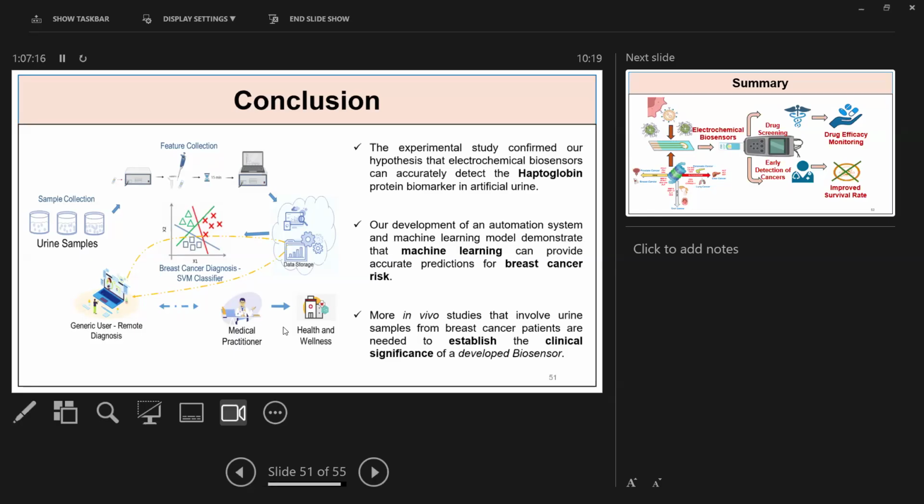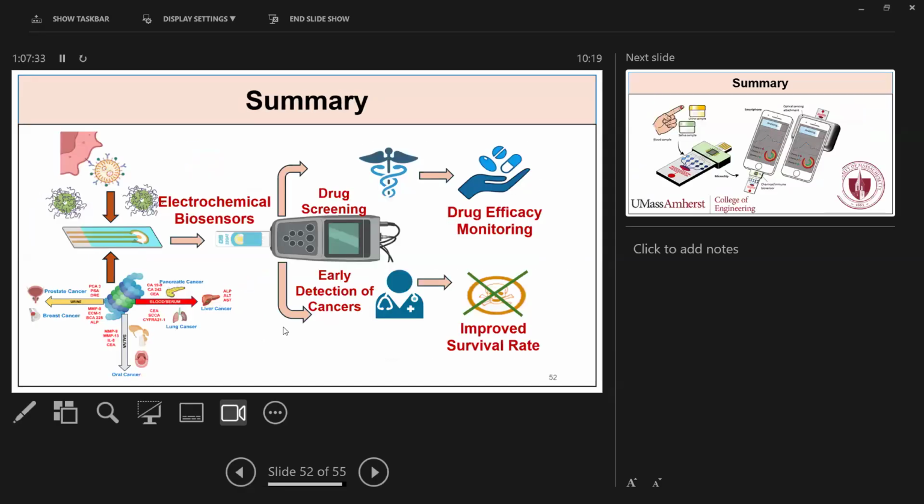Our main goal is to collect just the urine sample, use machine learning and this chip, and send it to the medical practitioner, who will immediately give you advice on exactly what to do as a follow-up. Our main aim is early detection.